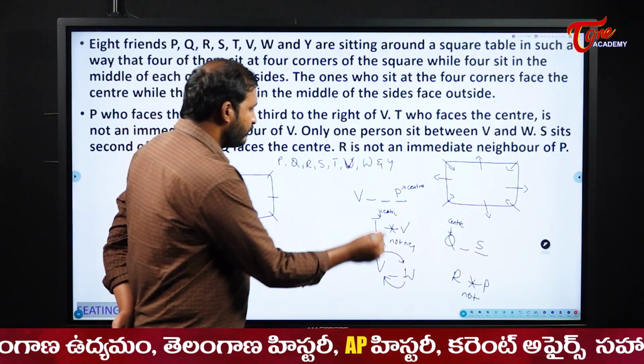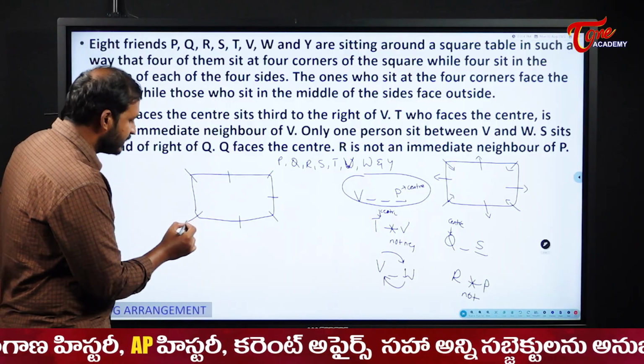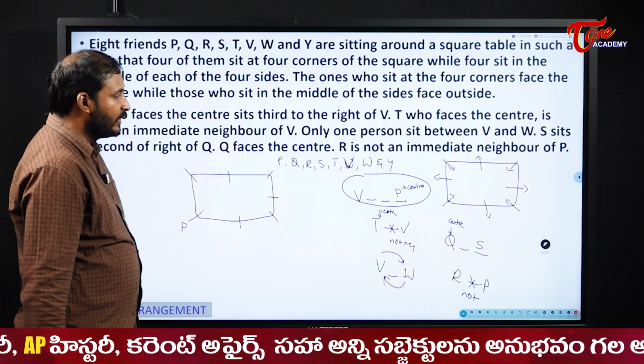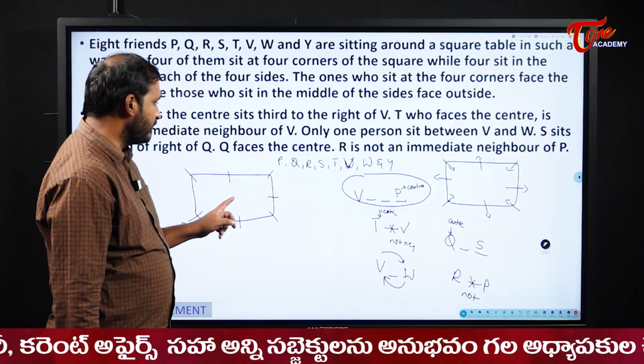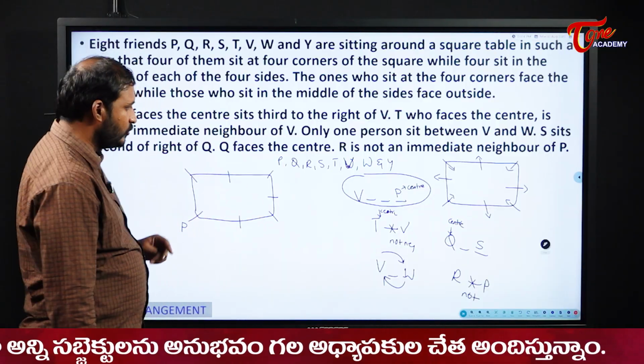We will try to put V and P. P is facing the center, which means P will be seated at the corner, right? We don't know in which direction V is. Between P and V I should have how many persons? Two persons.